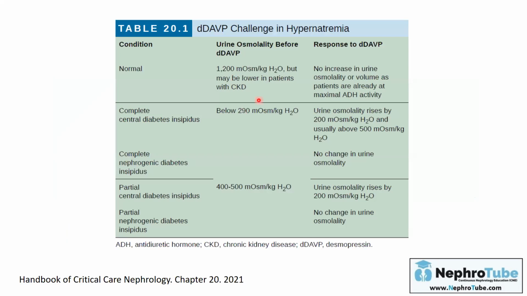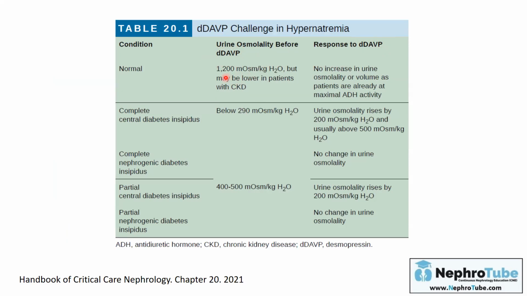Back to the water deprivation test, we will compare the urine osmolality before the vasopressin administration and after we give the patient vasopressin at the end of the deprivation period. Normally, the urine osmolality will be high if the patient has normal ADH release. If he has primary polydipsia, he is totally normal regarding his ADH physiology.